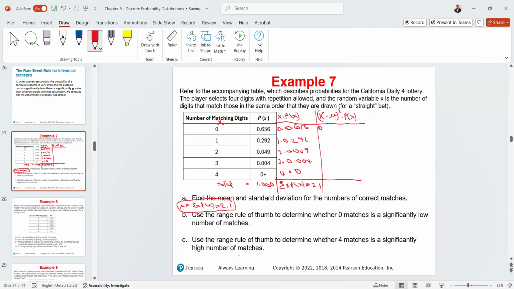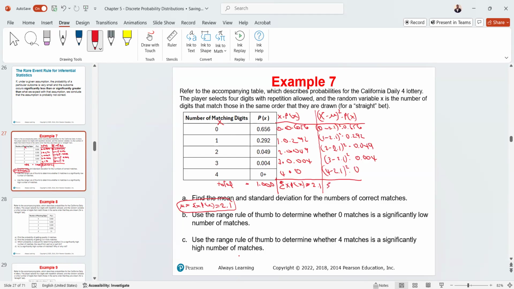You take 0 minus the mean, which is 2.1, raise it to power 2, multiply it by 0.656. 1 minus 2.1 times 0.292, 2 minus 2.1 square, of course, times the probability, 0.049, and 3 minus 2.1 square times 0.004, and 4 minus 2.1 square times 0.